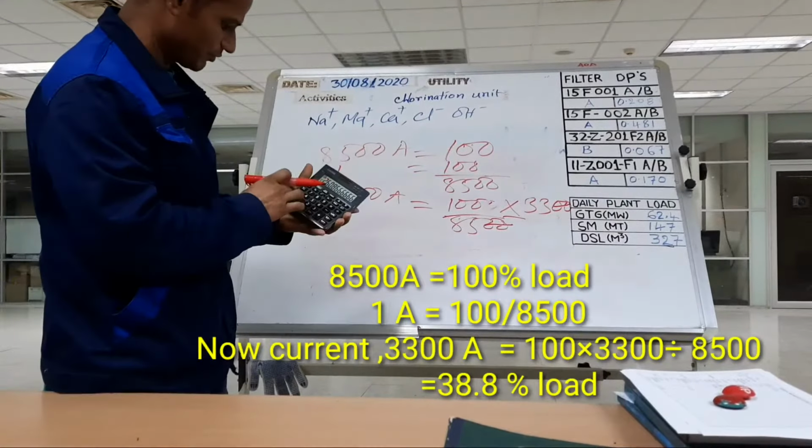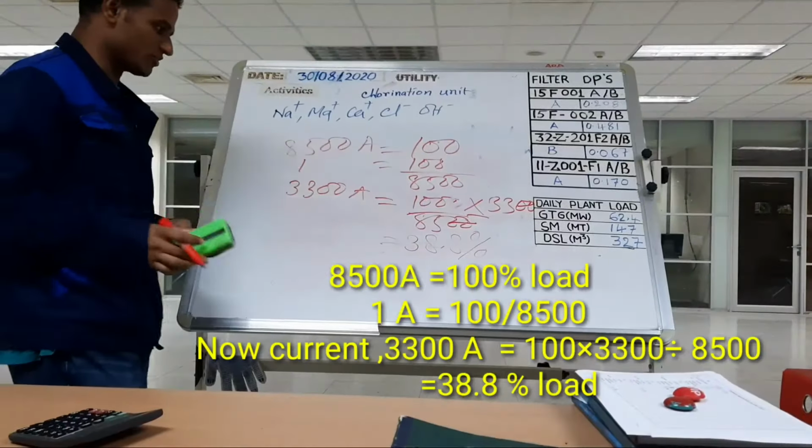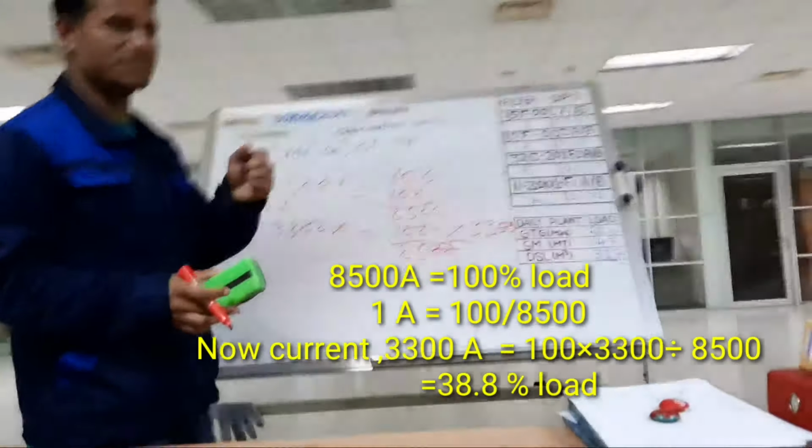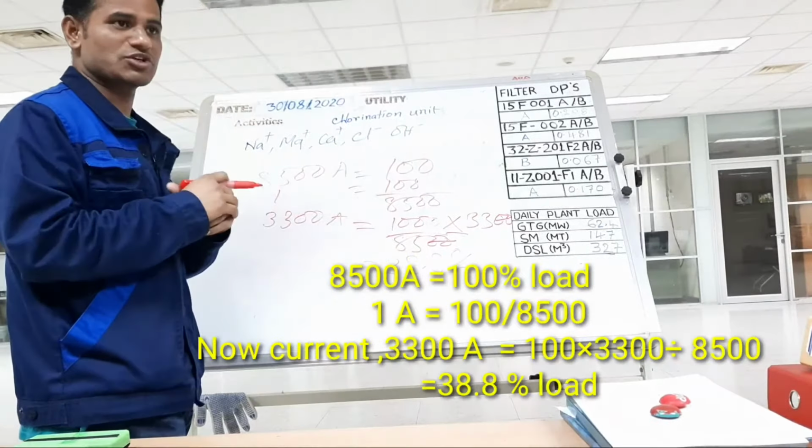So now the load is 38.8%. Now in our chlorination plant, the load is 38.8%.